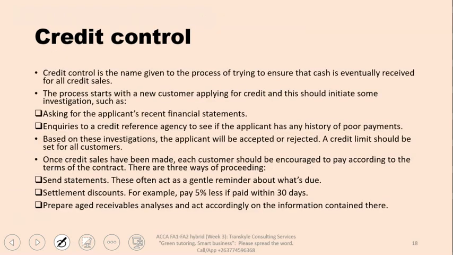There is credit control. Credit control is the name given to the process of trying to ensure that cash is eventually received for all credit sales. Remember, we've got what are called internal control systems.